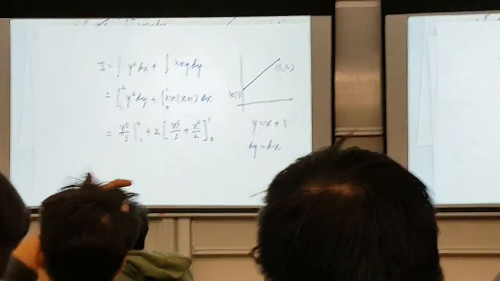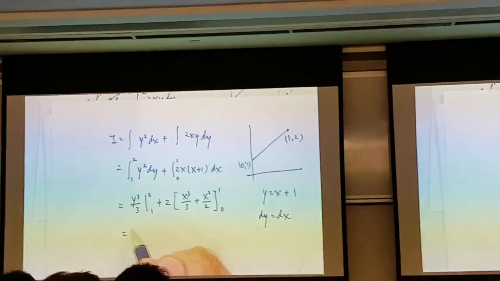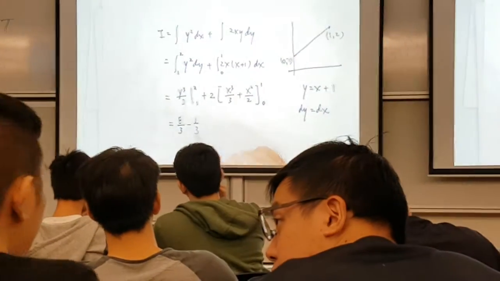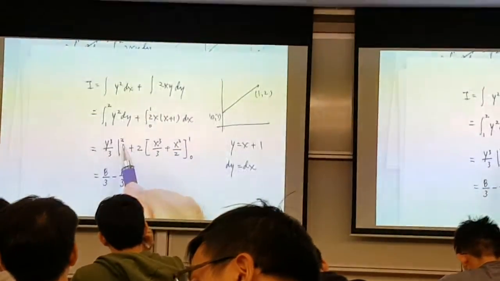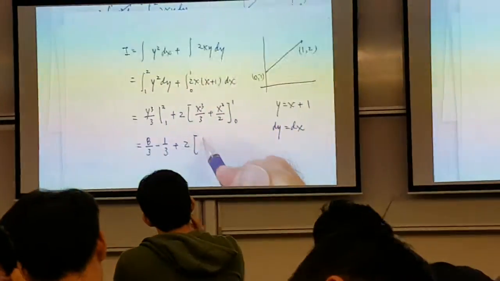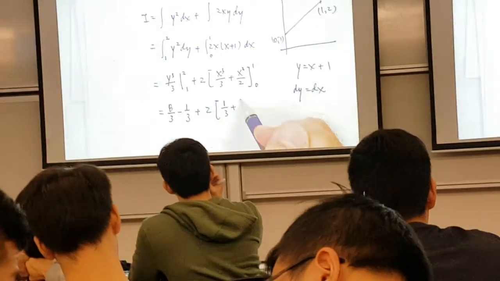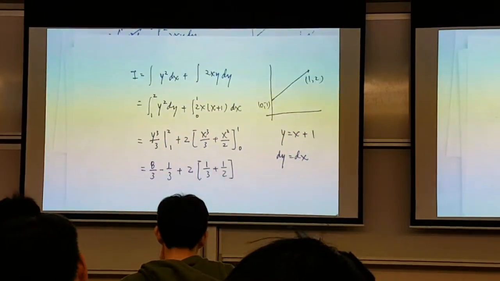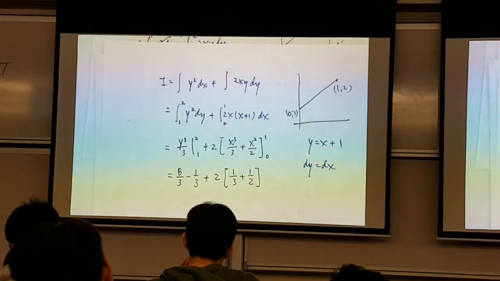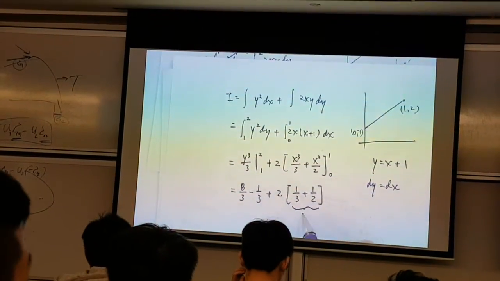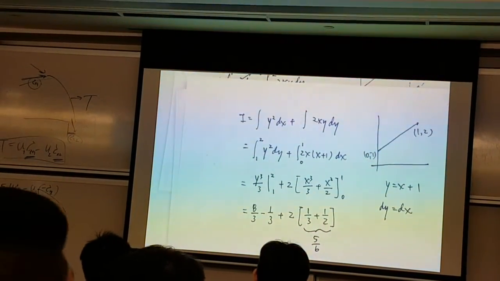If you put in the evaluation, this one will give you 8 over 3 minus 1 over 3, because you substitute y equals 2. The second portion gives 1/3 plus half, which is 5 over 6.